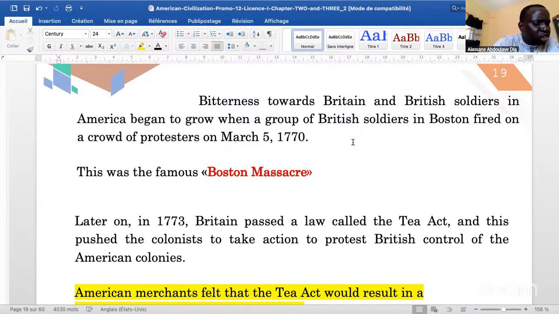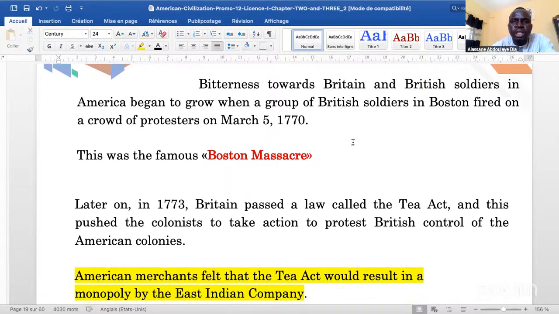So bitterness toward Britain and British soldiers in America began to grow. So there were tensions, there were clashes, between the British army and the colonialists. So what happened? Bitterness toward Britain and British soldiers in America began to grow when a group of British soldiers in Boston fired on a crowd of protesters on March the 5th, 1770.